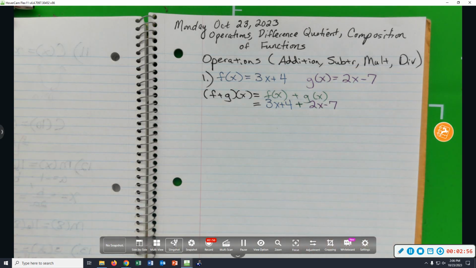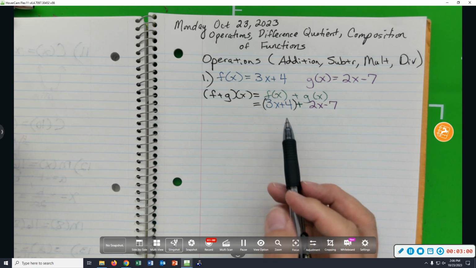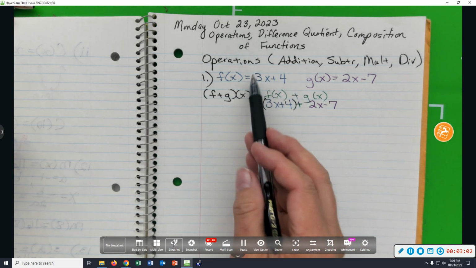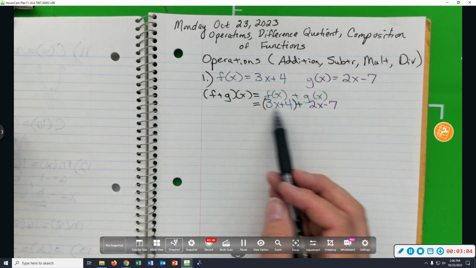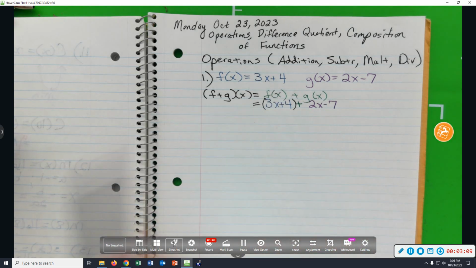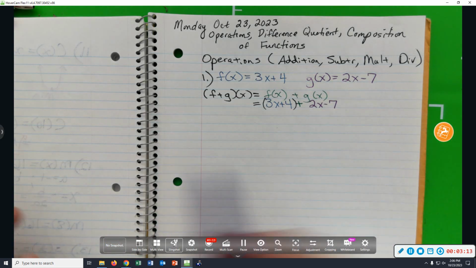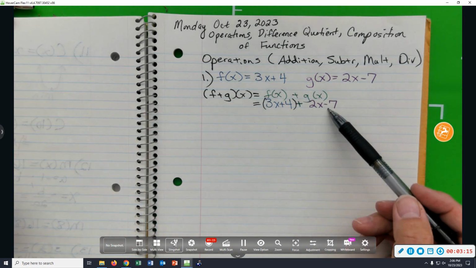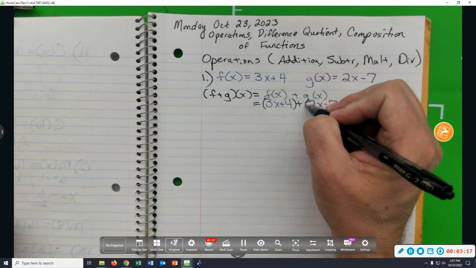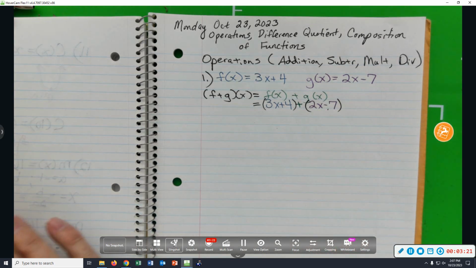And notice how I'm going to write this, that f of x, 3x plus 4, I'm closing it in parentheses just to make the point that it all came from one specific function. The 3x plus 4 is together. That came together from f of x. Likewise, 2x minus 7. Those terms came together for g of x.